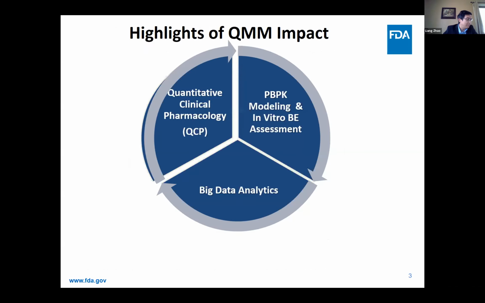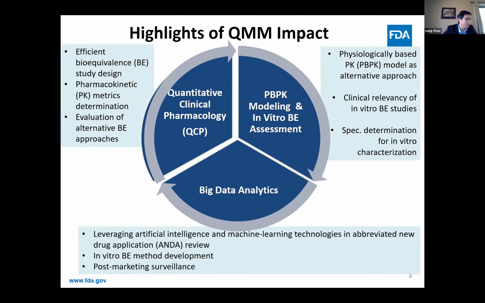Next one. In the diagram, the inner circle shows the QMM tool set. The bullet points outside the circle represent their corresponding impacts. The current tool set includes QCP, PBPK modeling, and data analytics, including big data analytics.